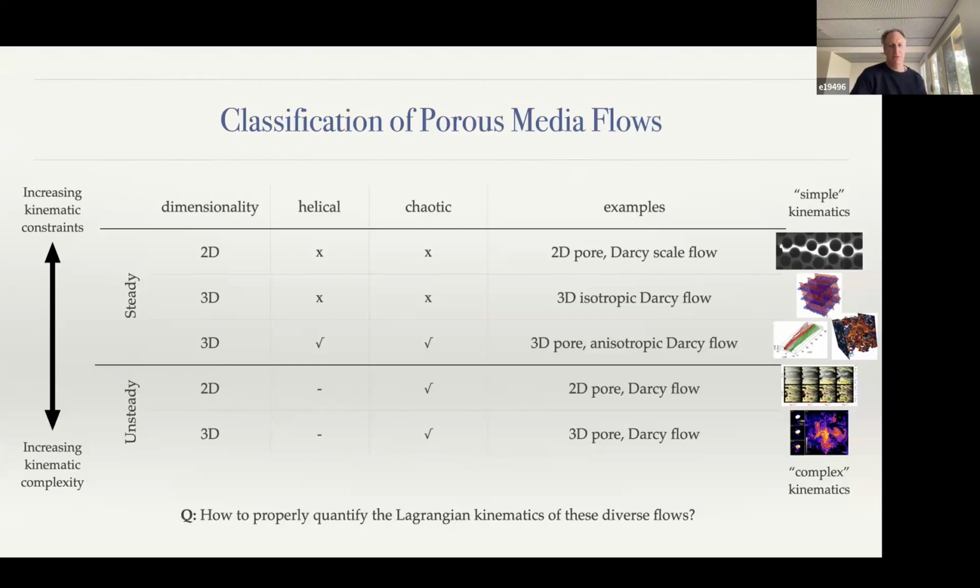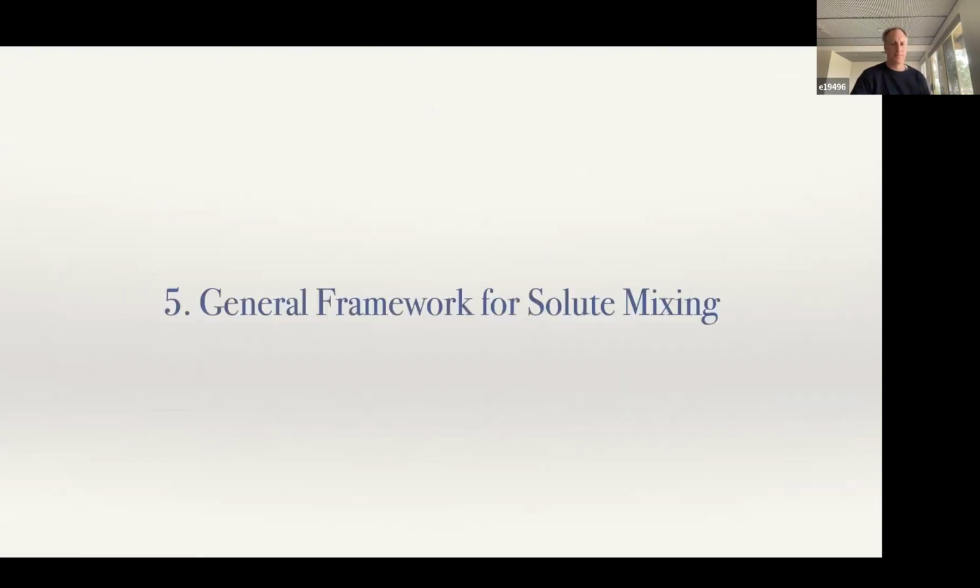More complex still are unsteady 2D flows, so 2D Porous or Darcy scale flows. They are not helical, but they can be chaotic. And then the most complex of all is, of course, unsteady three-dimensional flows at the Porous and Darcy scales, which are both chaotic. So the question is, how can we develop a framework that quantifies the Lagrangian kinematics of these diverse flows and allows us to understand mixing and transport in a stochastic sort of framework?